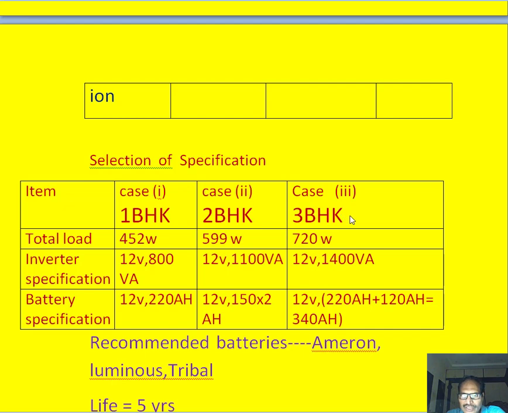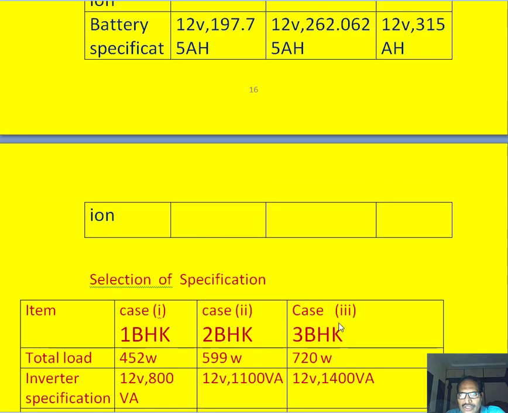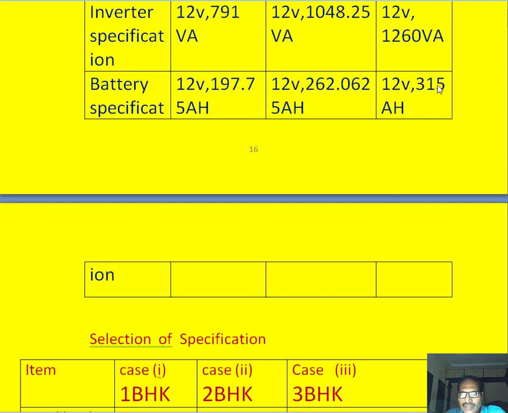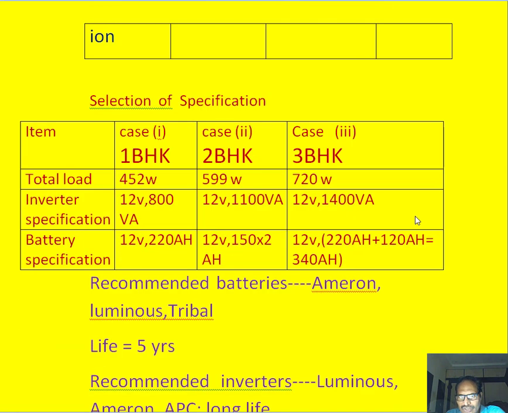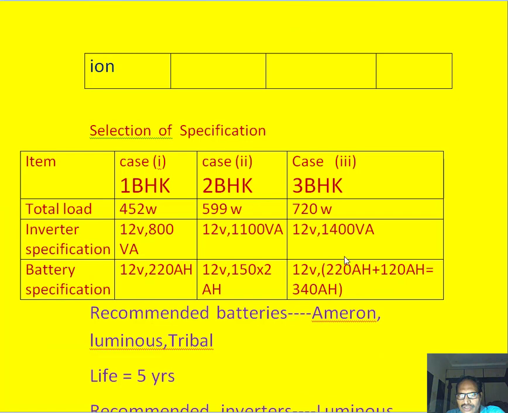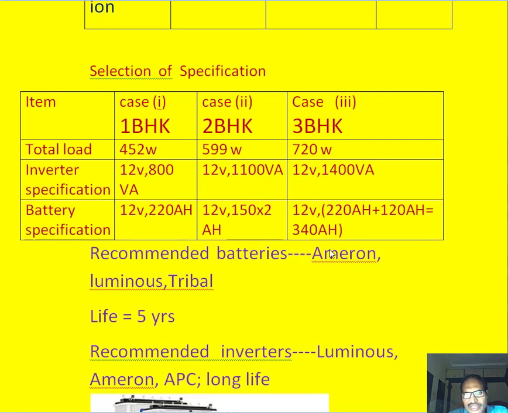And coming to the 3 BHK house, the battery rating will be 12 volts, and the two batteries we choose here are 220 Ah and 120 Ah, so that we get 340 Ah, which will meet our desirable value, that is 315 Ah. We are not getting 315 Ah, so the next available value is 340 Ah. When we use these two batteries we have to connect them in parallel. Similarly, here also we have to connect two batteries in parallel.